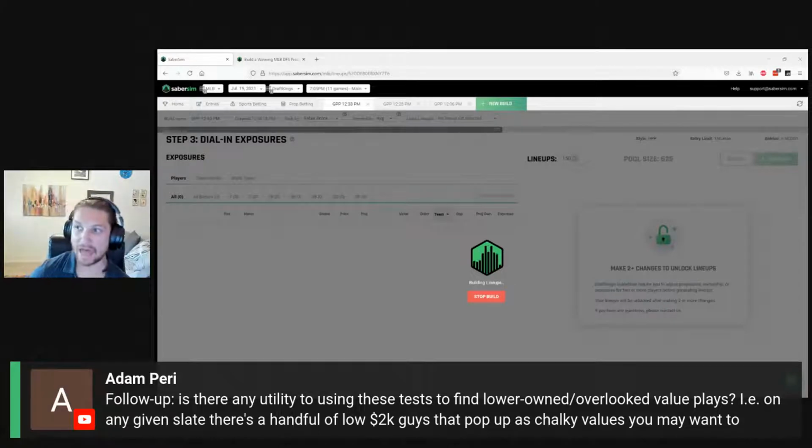I think what we'll actually probably end up finding here is that the typical value plays, like the highly owned min price guys, like Cole Calhoun, I think is probably going to be one of those guys tonight. He's min price, batting in the middle of the order for the Diamondbacks, who have like a 5.0 run total, right? That's the exact kind of guy I'm talking about. That just gets really chalky.